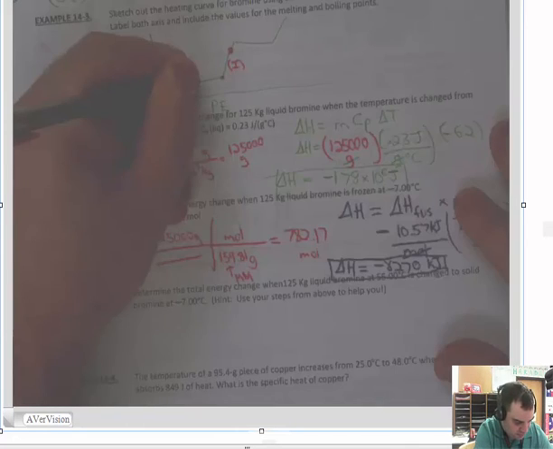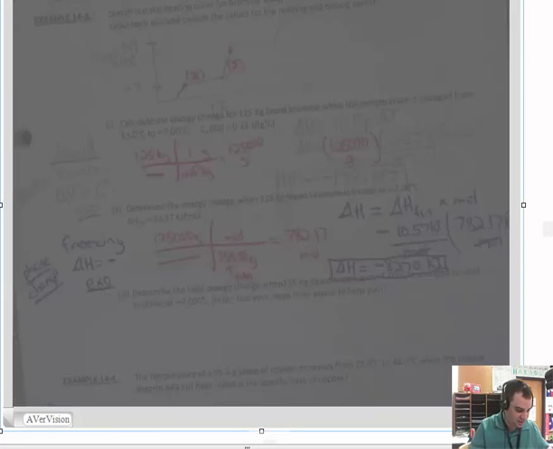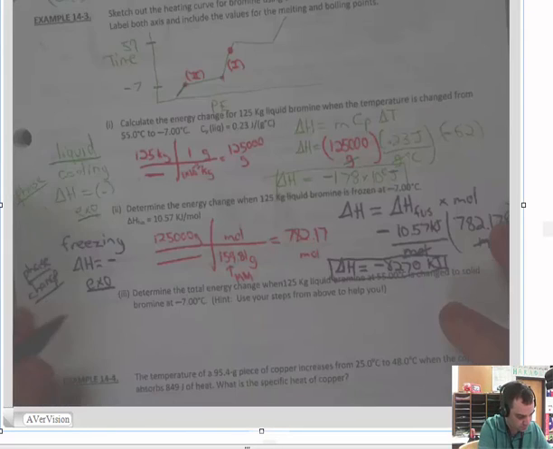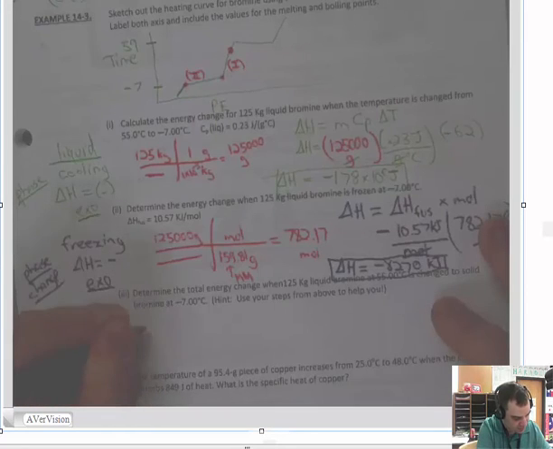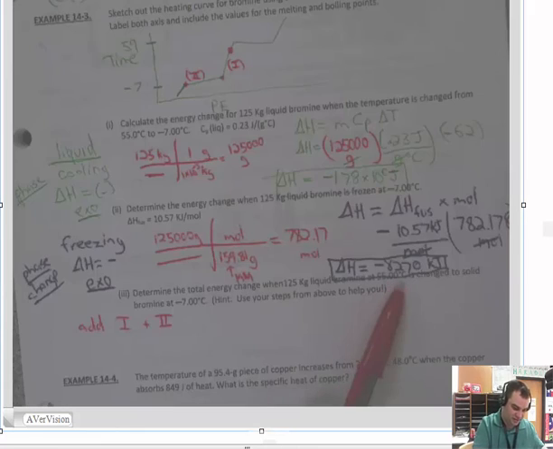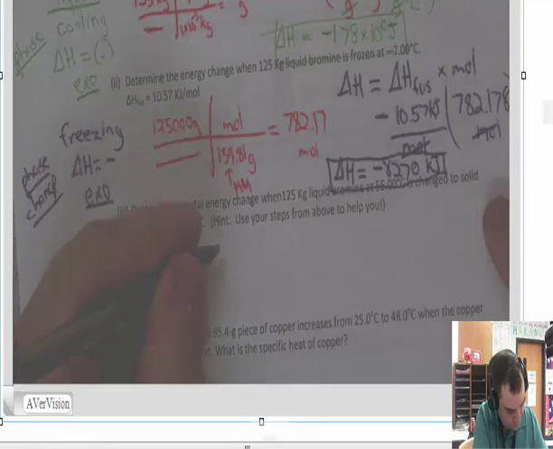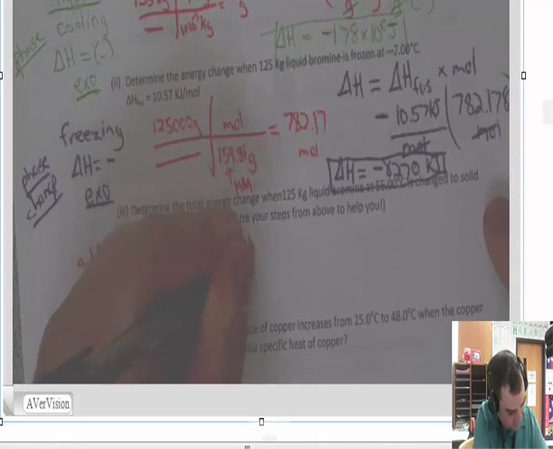Part 2 was from here to here on the graph. Part 3 is asking us to combine parts 1 and 2. But the problem is, one's in kilojoules and one's in joules, so you have to convert one first. I'm going to convert 8270 kilojoules to joules.